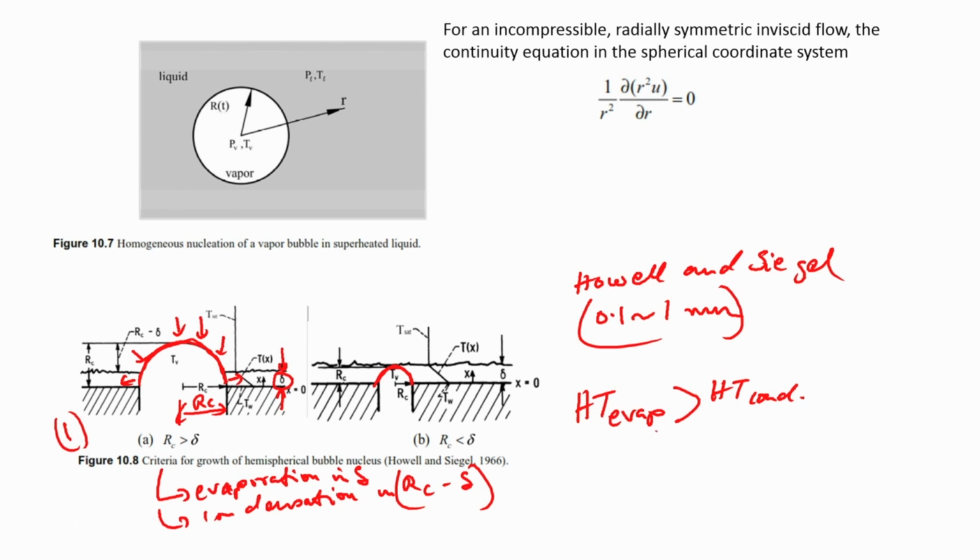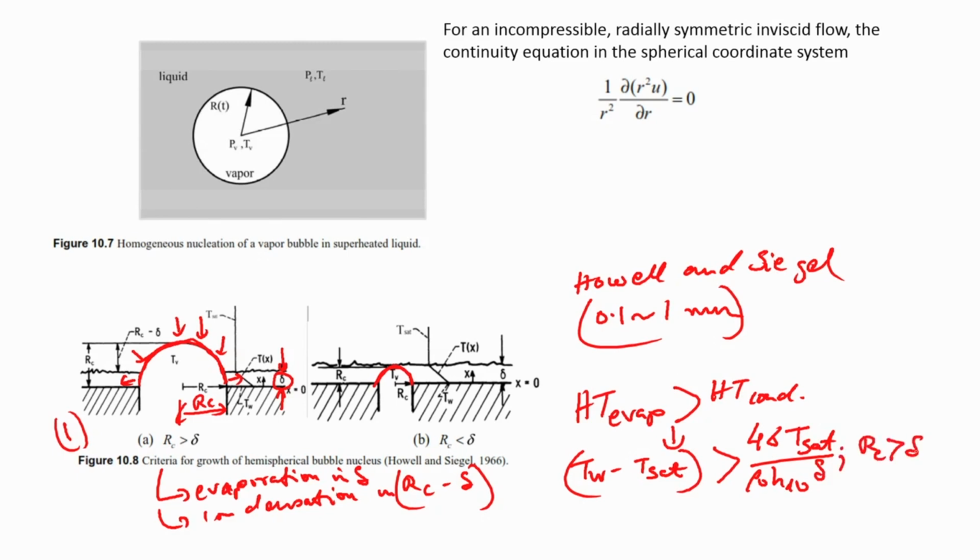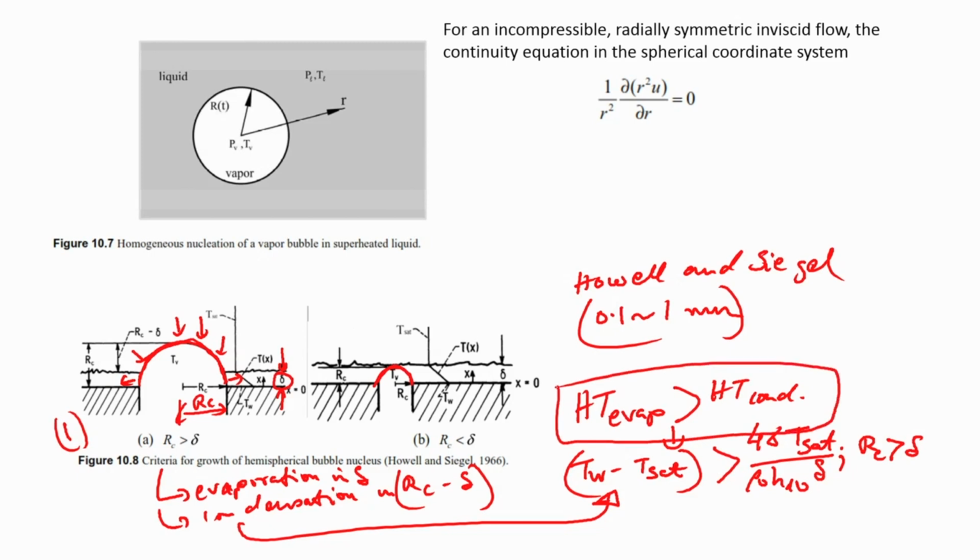So, based on this argument, what they showed was that your T wall minus T saturation, this temperature, has to be greater than 4 sigma T sat divided by rho v HLV into delta when RC is greater than delta, got it, for a bubble to grow. So, this is for this situation, okay. The TW minus T sat must be greater than this because this has to be satisfied, okay.